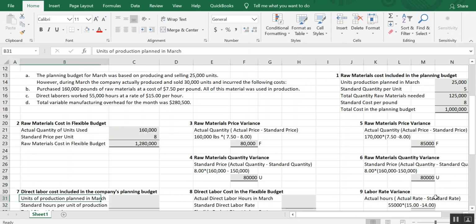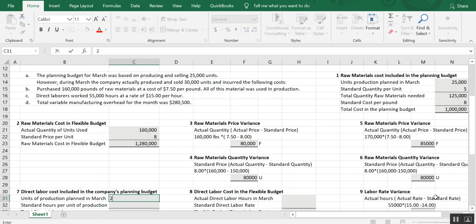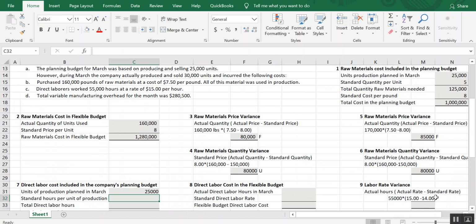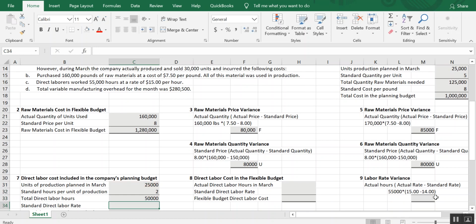Now, for number 7, they want to know what the direct labor cost is that's in the planning budget. We're going to base that planning budget on the number of units that we were planning to produce. So we have 25,000 units, and our standard hours of labor per unit produced is 2 hours. So we calculate 50,000 total direct labor hours.